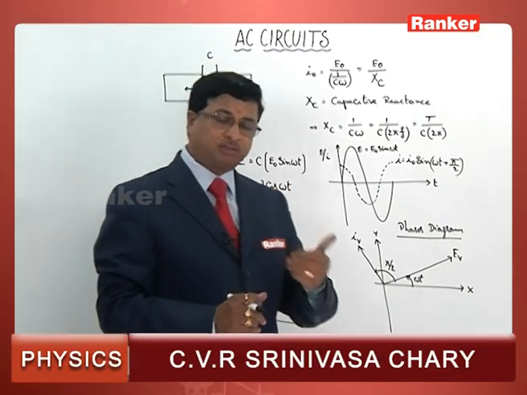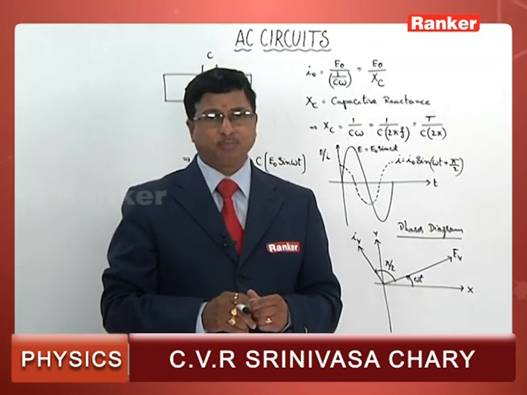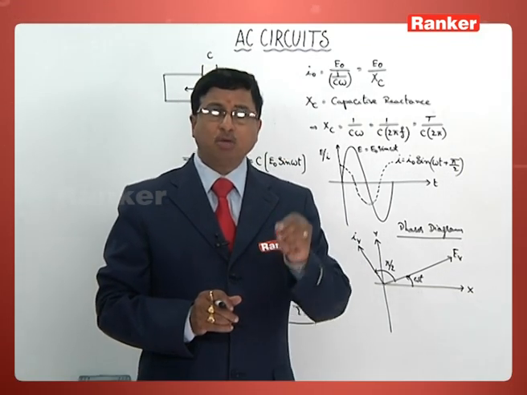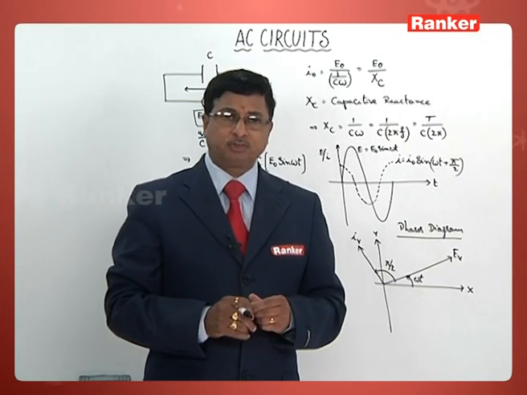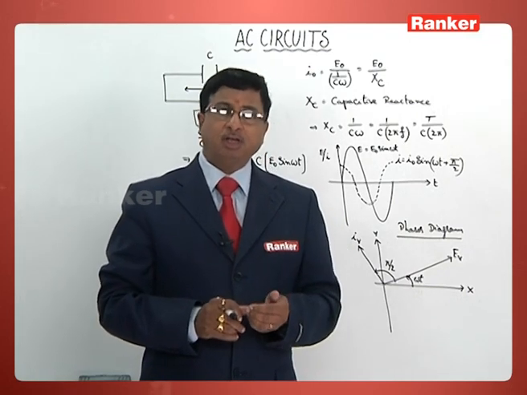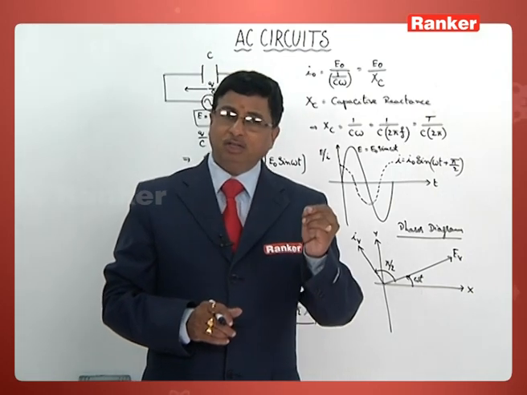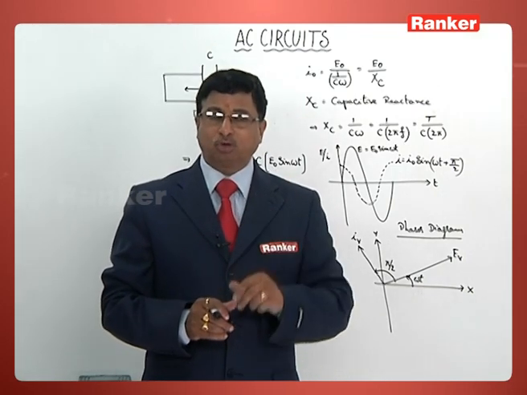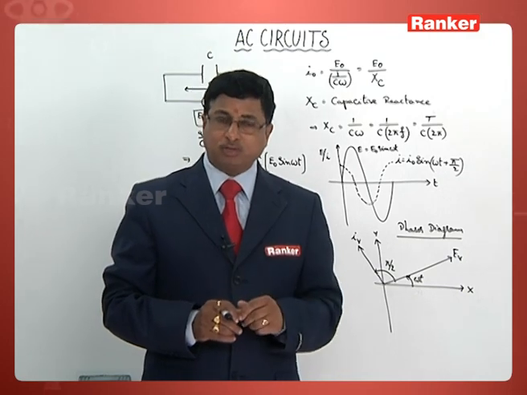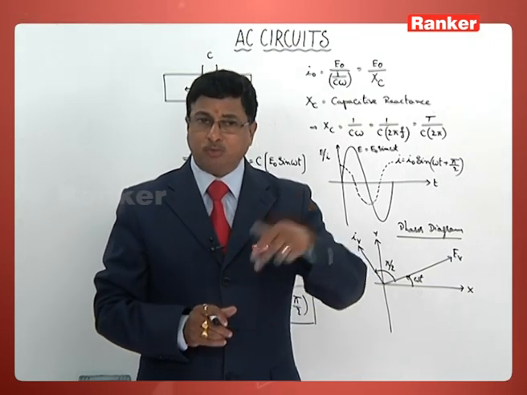When we take these circuits further, we find combination of circuits. Like we will be finding RC circuit, another one RL circuit, LR circuit we can call it, CR circuit we can call it, LC circuit.